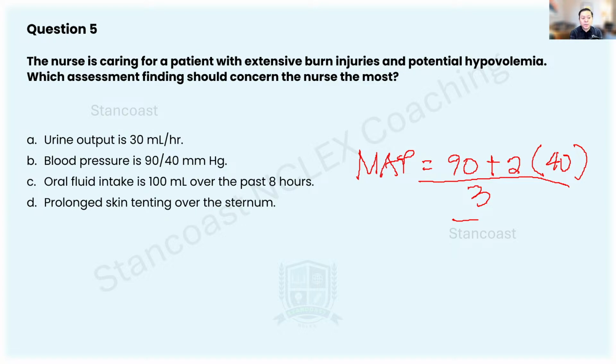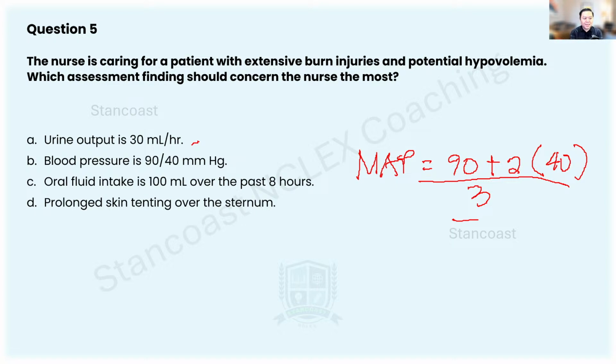I will monitor this patient some more, but this will not call for an urgent. I will not select this answer for now, but I will keep an eye on this patient because it's borderline low. I will be concerned about this at a later time, but not the priority.